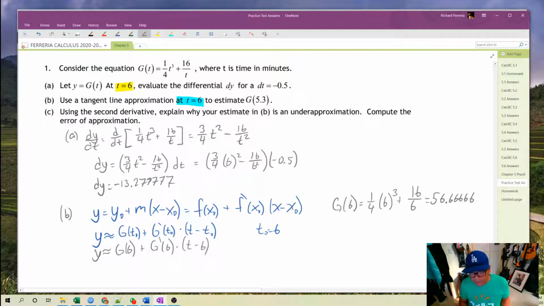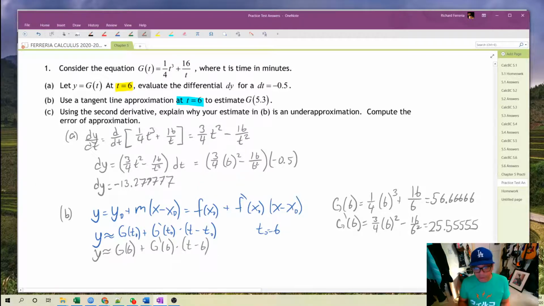The next thing to calculate is g prime of 6, and that's equal to, good thing for us, we evaluated g prime. g prime is 3/4 of 6 squared minus 16 on 6 squared, which is equal to 25.5555, which is what, 25 and 5/9.